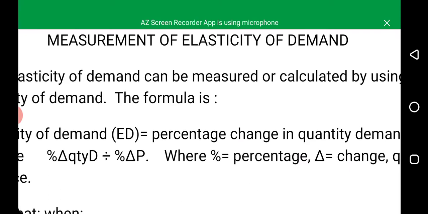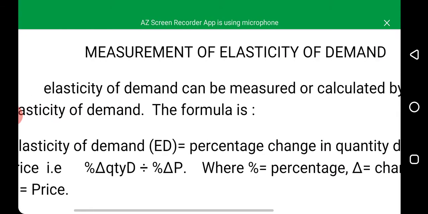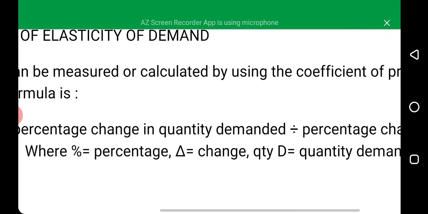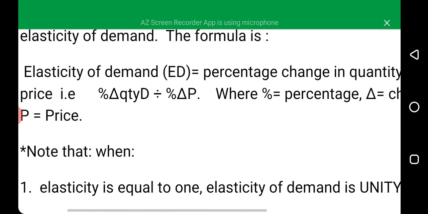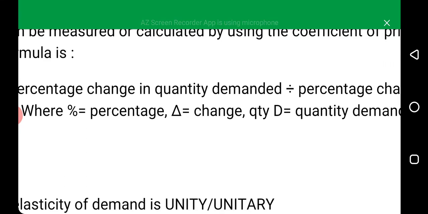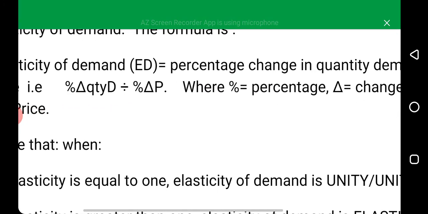Measurement of elasticity of demand now. Elasticity of demand can be measured or calculated by using the coefficients of price elasticity of demand. So the formula is elasticity of demand, popularly referred to as ED, equal to percentage change in quantity demanded all over percentage change in price.